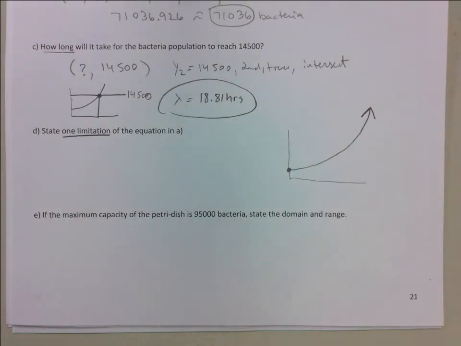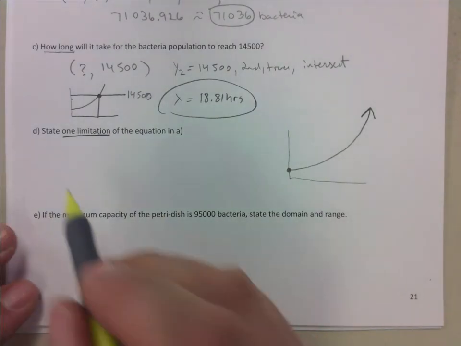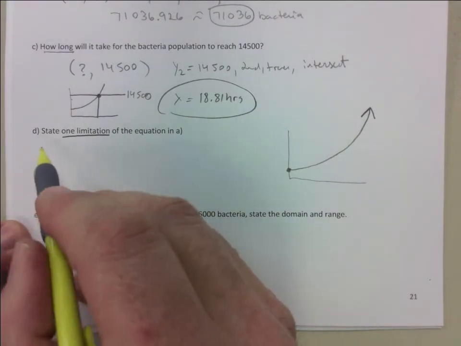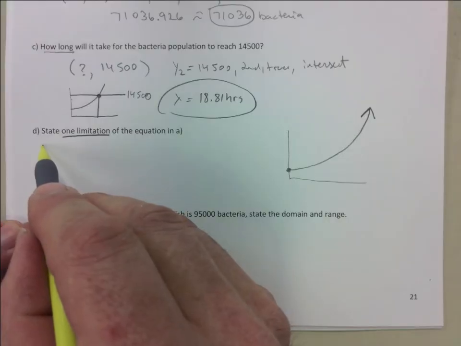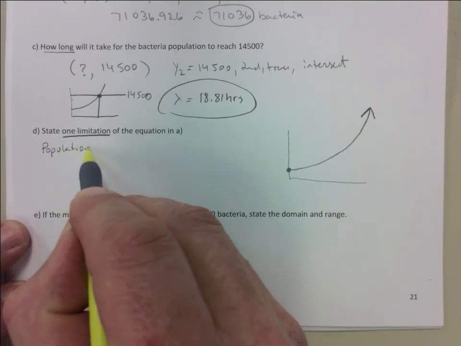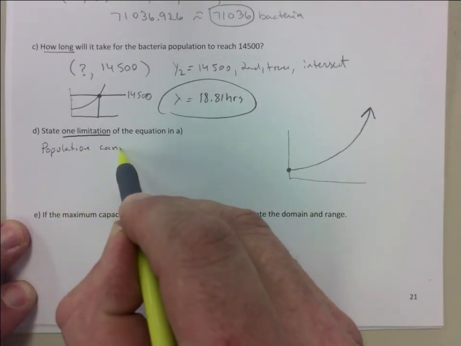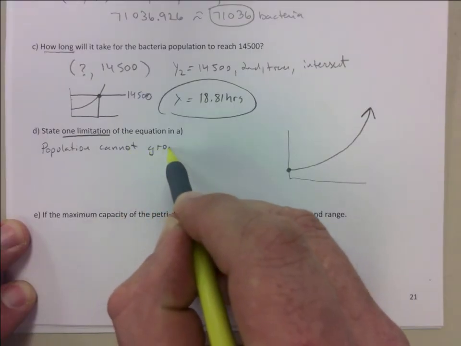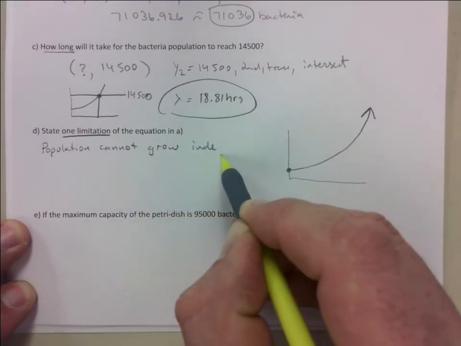That's what they're asking here, and they do ask for real life. You have to envision this. They will give you enough information, but you have to think about the implication of this problem. So one would be: population cannot grow indefinitely.